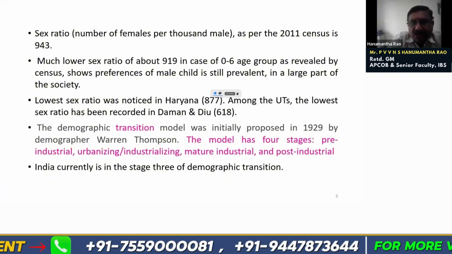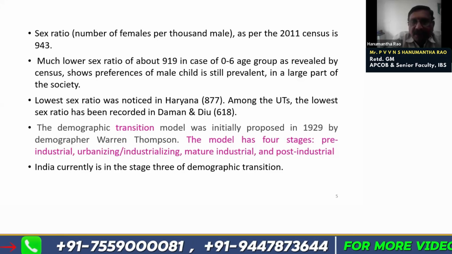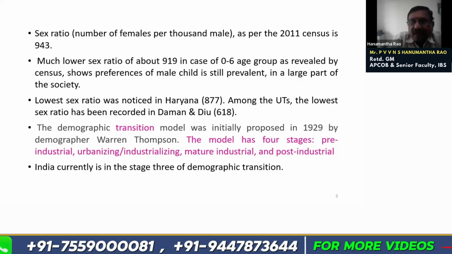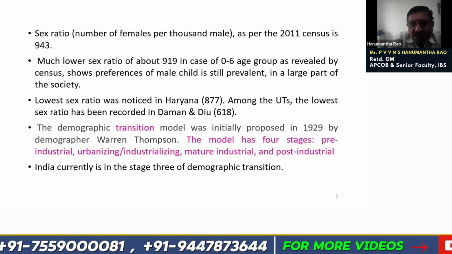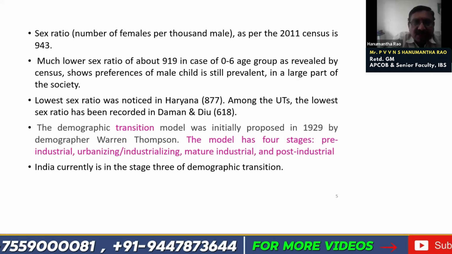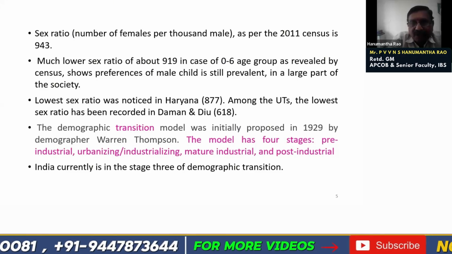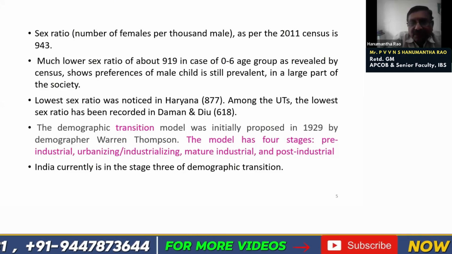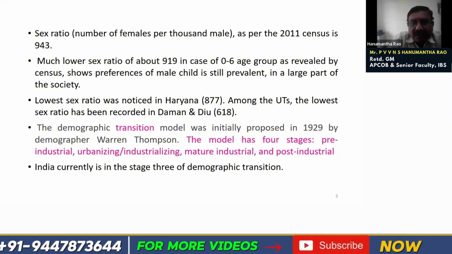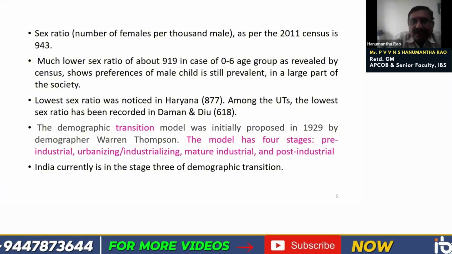The lowest sex ratio is prevailing in which state? They will give you 4 states. Haryana has the lowest sex ratio, 877. For every 1000 boys, there are only 877 girls.